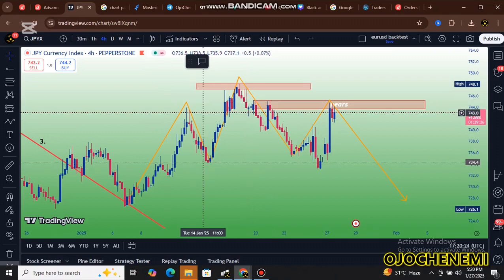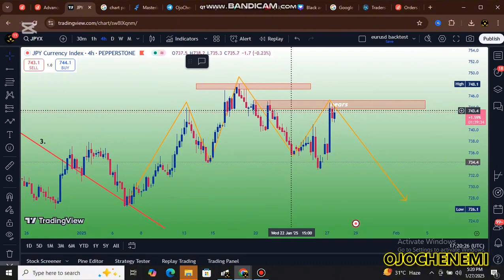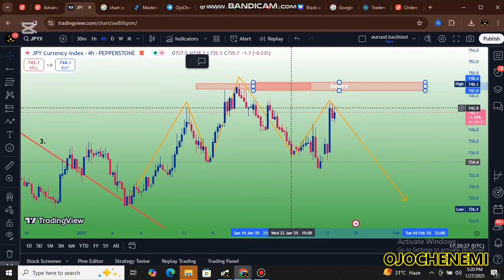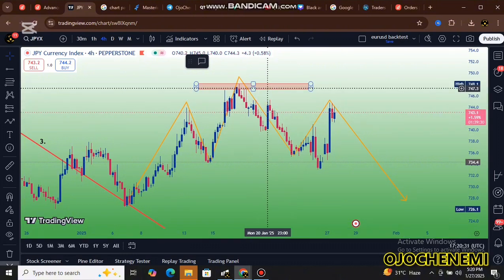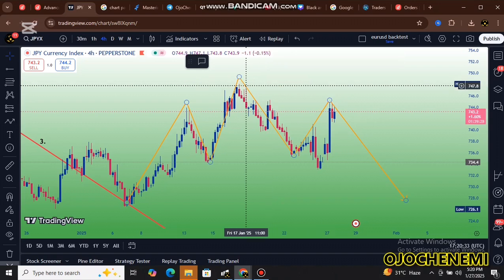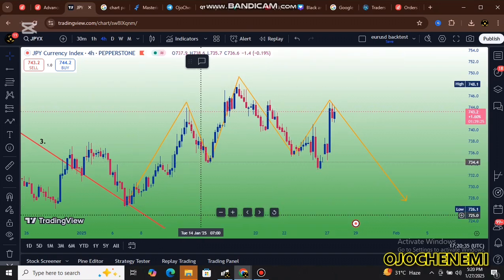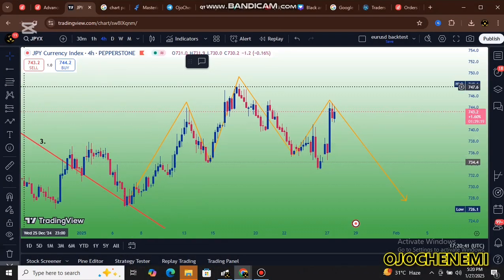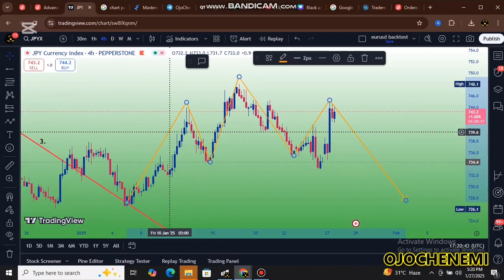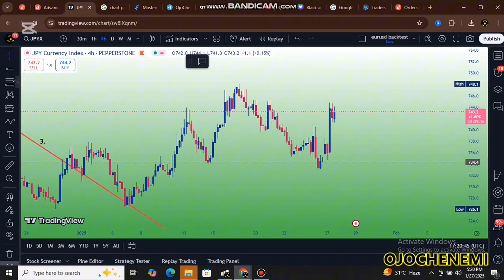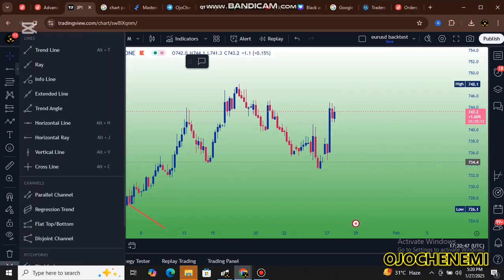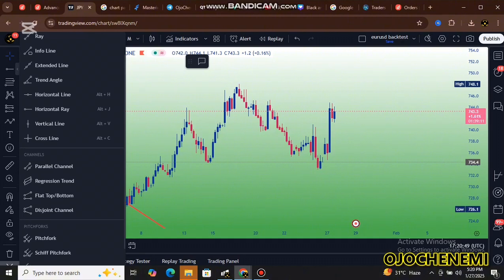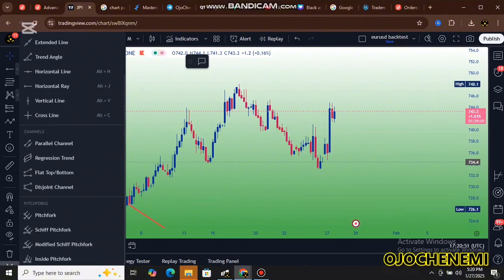So what we are expecting now is the market to come back to this zone here to make a double bottom, or equal low. I'm going to put in the neckline and everything for you. I'm going to delete this head and shoulder and draw a fresh one so we can see how it is.